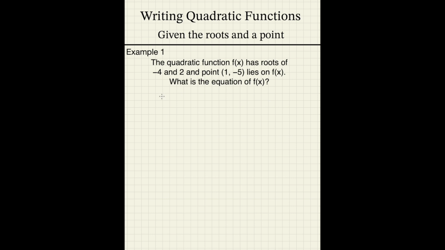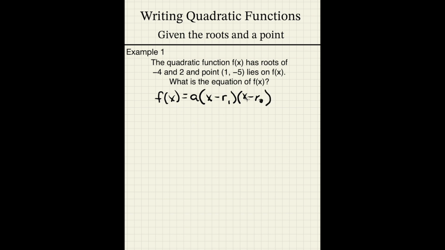So the first step is we need to use this information and put it into factored form. So that formula is a times (x minus root 1) times (x minus root 2).